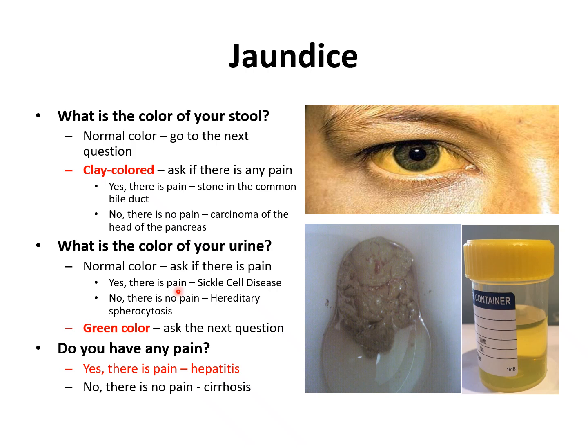If there is pain, it's more likely to be sickle cell disease, which occurs in young African American children or black people around the world, especially those living in the tropics.